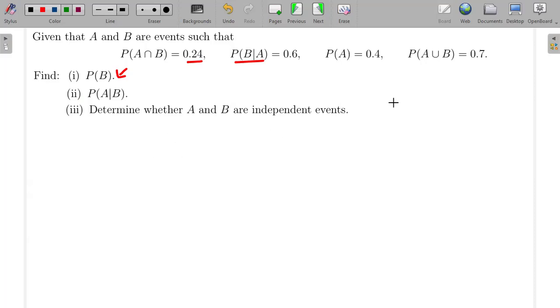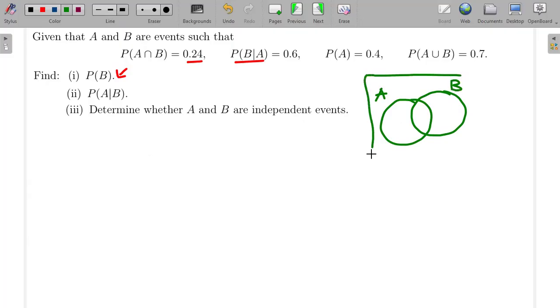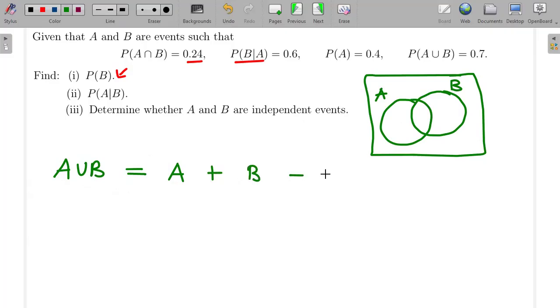Remember, if I have a set A intersecting with a set B in this universal set, the elements in A union B equal the elements in A plus the elements in B, minus the elements that are in both A and B. Remember this formula? That's the formula we're going to use.